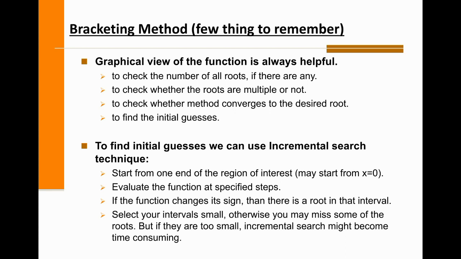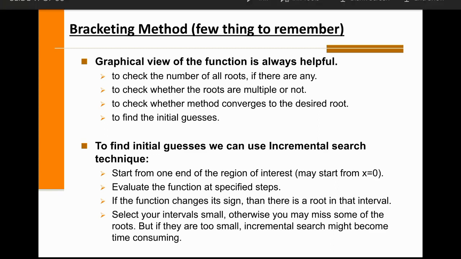This is very helpful when you choose a bracket, right? Because when you have some idea about where your function has a root, it becomes easier to choose the bracket. Now, to improve your bracket and make your process faster, you can use the incremental search technique.